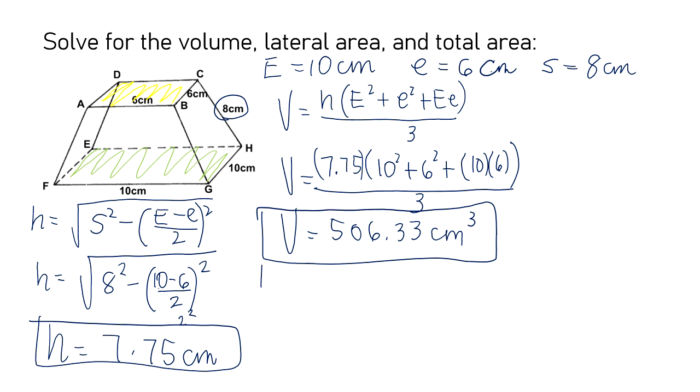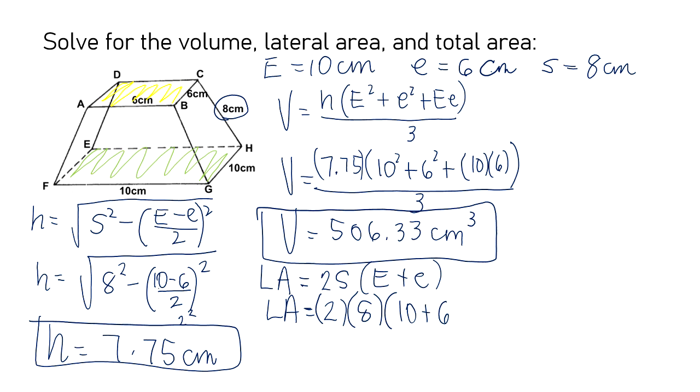For our lateral area, we get 2 times S times big E plus small e. Substituting, we get 2 times slant height of 8 times 10 plus 6. So here, we get 256 centimeters squared.